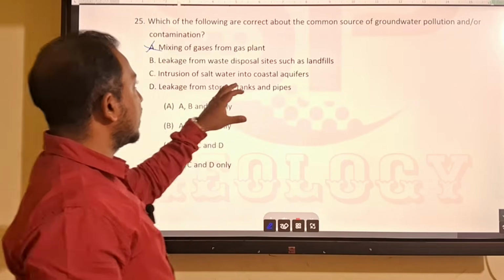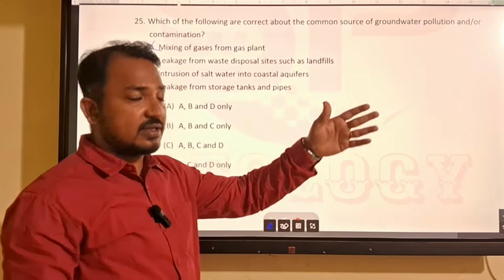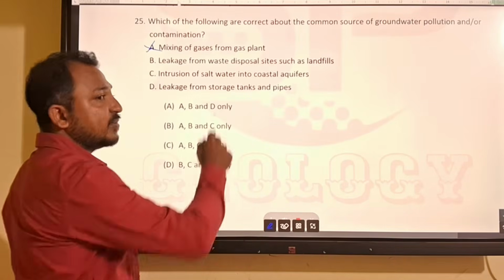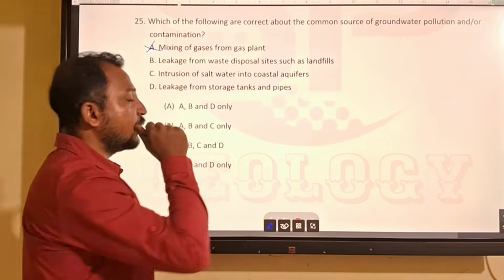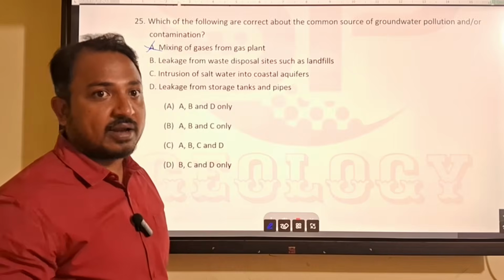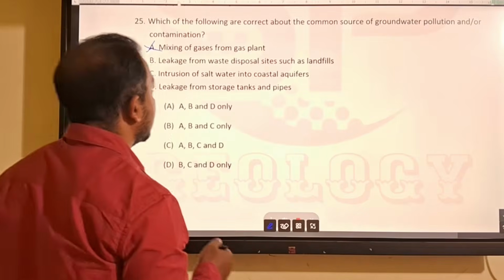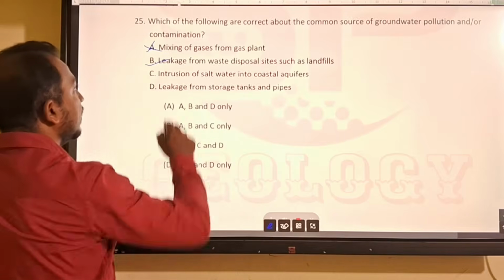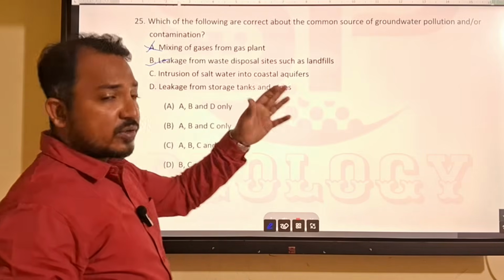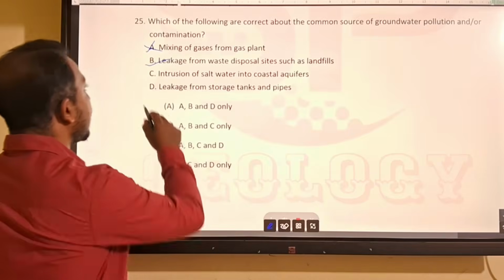Then leakage from waste disposal sites such as landfills. Any toxic waste material leaking from a waste disposal site can enter the groundwater region, so it can pollute the groundwater. So it will be correct. Intrusion of salt water into the coastal aquifer also pollutes the groundwater.